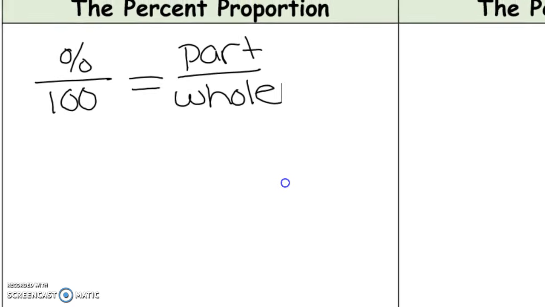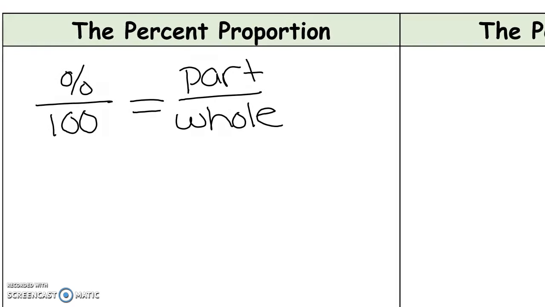So now let's fill in what we know. We know that the percent is 25, so this would be 25 over 100. Next, we know that the whole is 128.